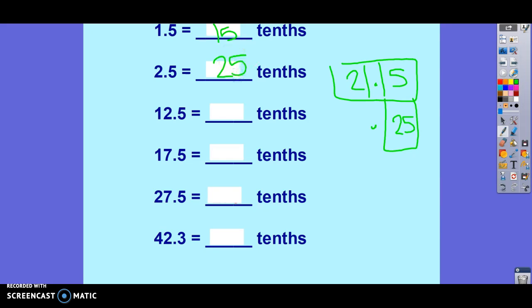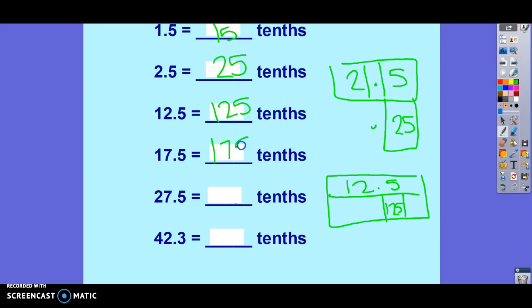What about 12 and 5 tenths? How many tenths are in 12 and 5 tenths? Place value chart. 12 and 5 tenths, but I only want them in the tenths place. It's 125 tenths. Why don't you help solve the next one? 17 and 5 tenths. How many tenths are in 17 and 5 tenths? 175 tenths.